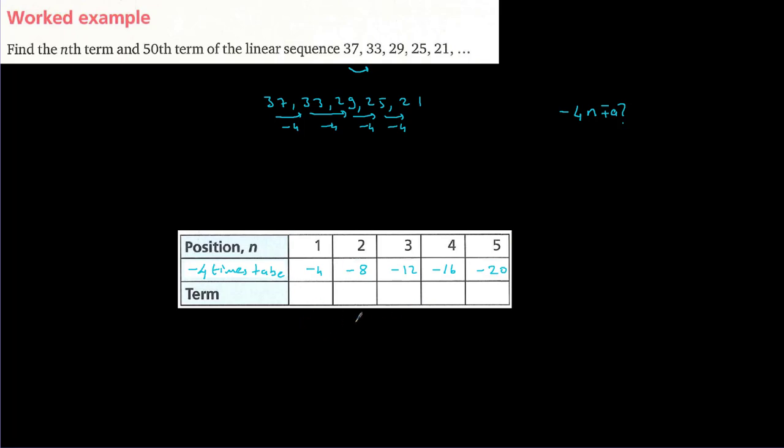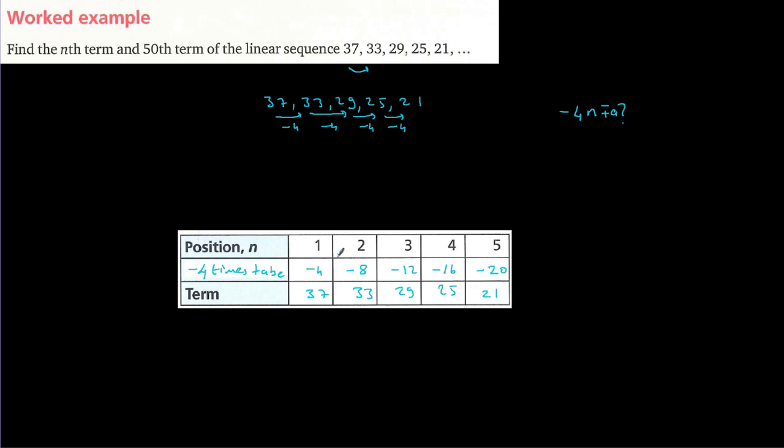And as you see here, the terms are 37, then 33, then 29, then 25, and this one is equal to 21.